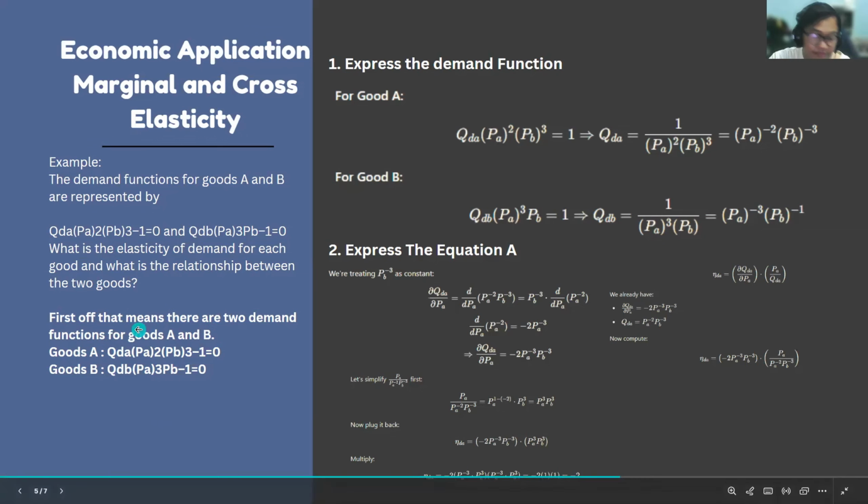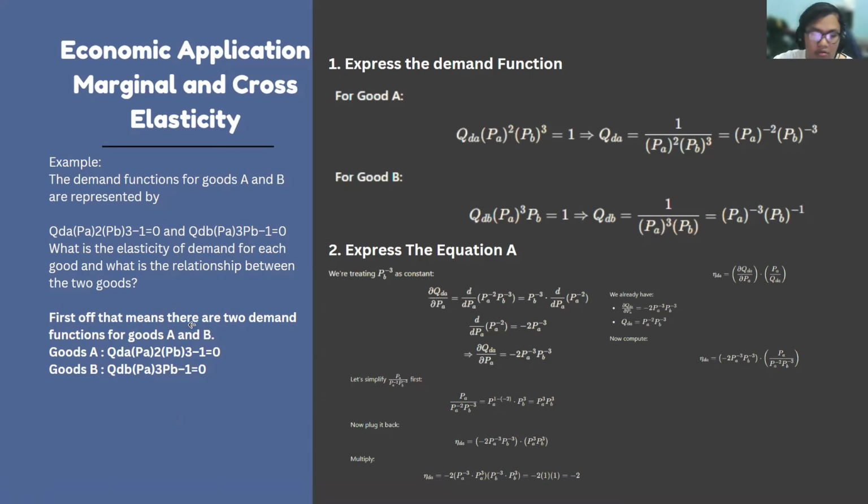First off, there are two demand functions for goods A and B. Good A: QDA, PA power of 2, PB power of 3, minus 1 equals 0. Good B: QDB in parentheses, PA times 3 PB minus 1 equals 0.